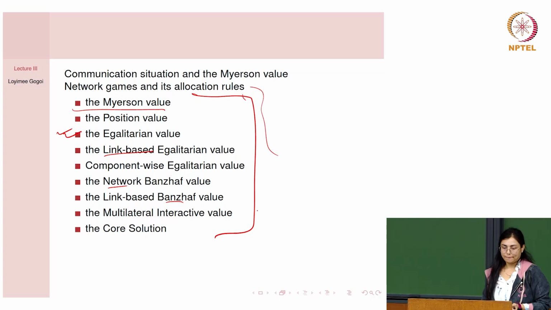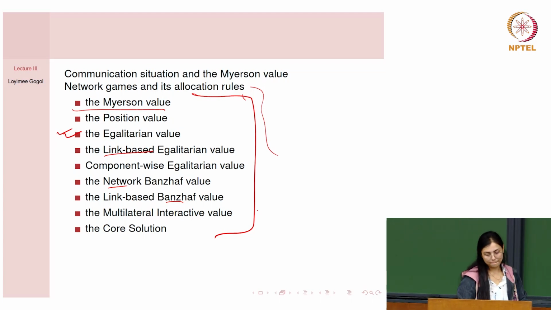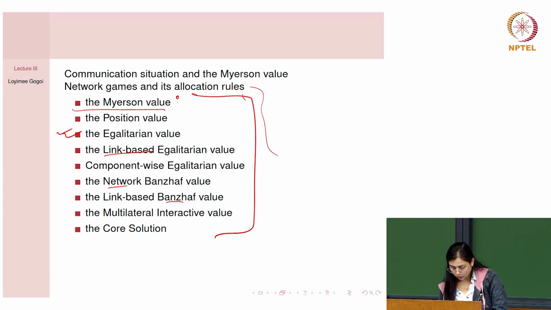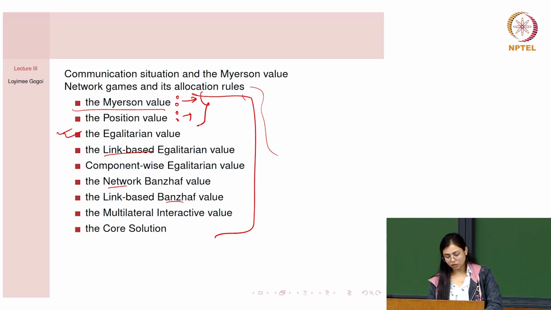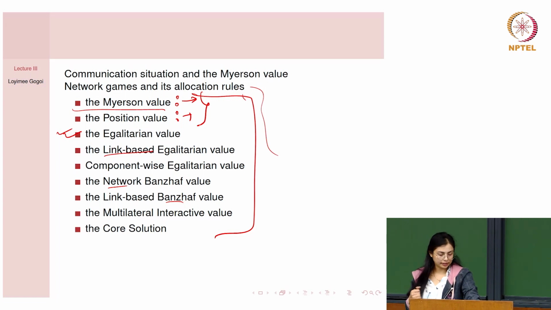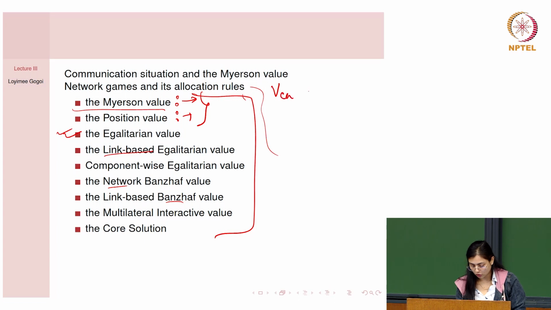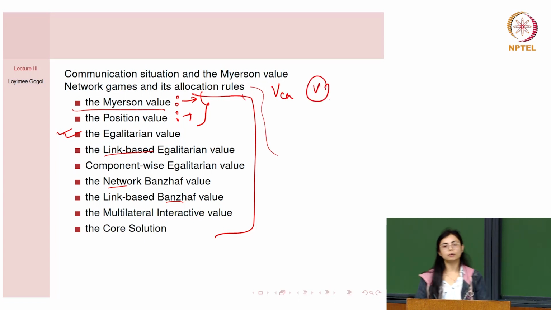Okay. And also, in the last lecture I was talking about the Myerson value and the position value, right. I mentioned that there are some characterizations for the Myerson value on the class of component additive value functions and on the class of value functions that are not component additive.